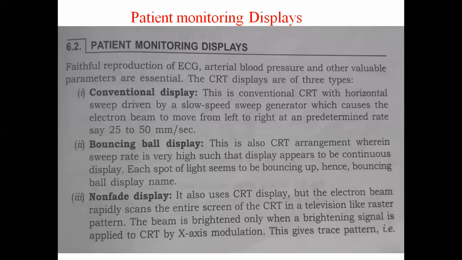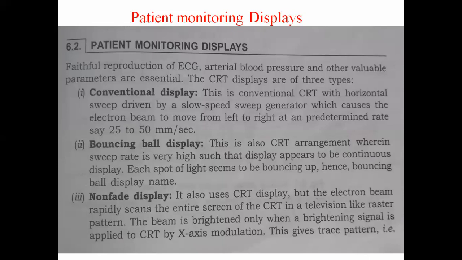This focus depends upon the spot of the light. Suppose we are using a torch light: if the torch is placed at a constant place in the night, we can observe the spot of light at that point. If we move the torch light from left to right and right to left fast, we observe a straight line.